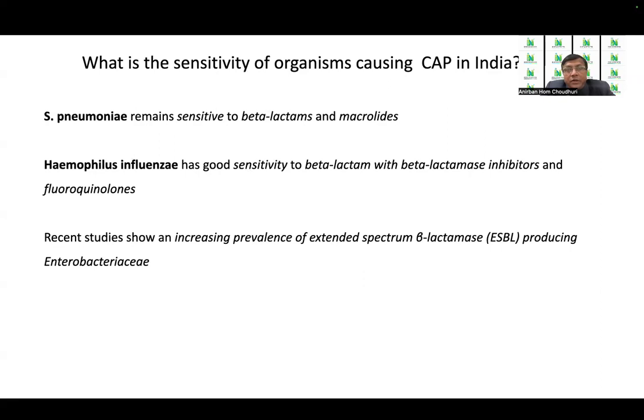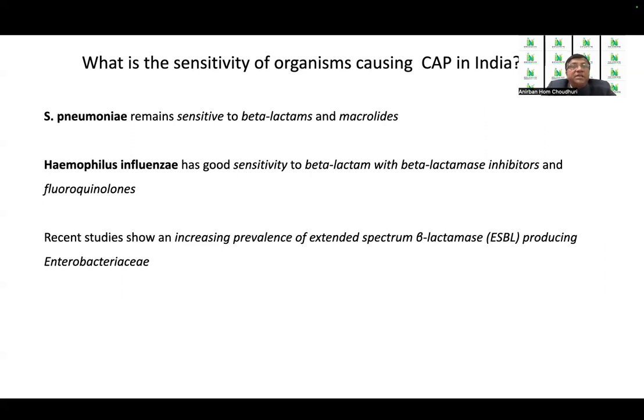For example, piperacillin-tazobactam, cefoperazone-sulbactam, or even simply amoxicillin-clavulanic acid. So these are all beta-lactam antibiotics along with beta-lactamase inhibitors, because organisms will produce beta-lactamase which can destroy the beta-lactam and make the antibiotic ineffective.